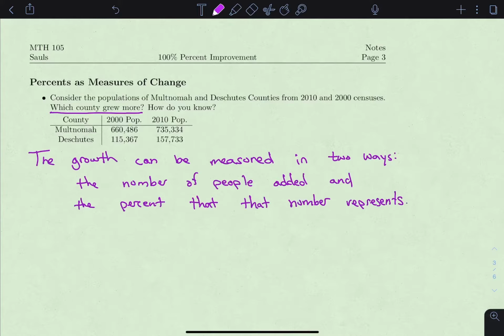So we're still going to use that concept of percent as a fraction of the whole, but now we're going to interpret it as a measure of change.